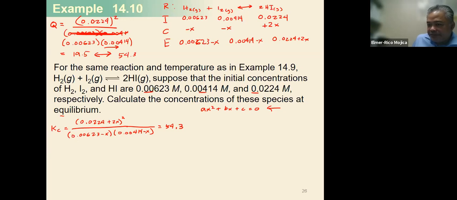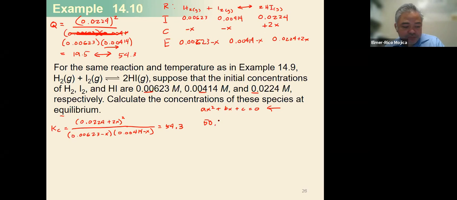Now, what I'm going to do, and it's up to you to practice, is convert this expression to an ax squared plus bx plus c, because I don't have the time to do it one by one, since that's more math than chem.